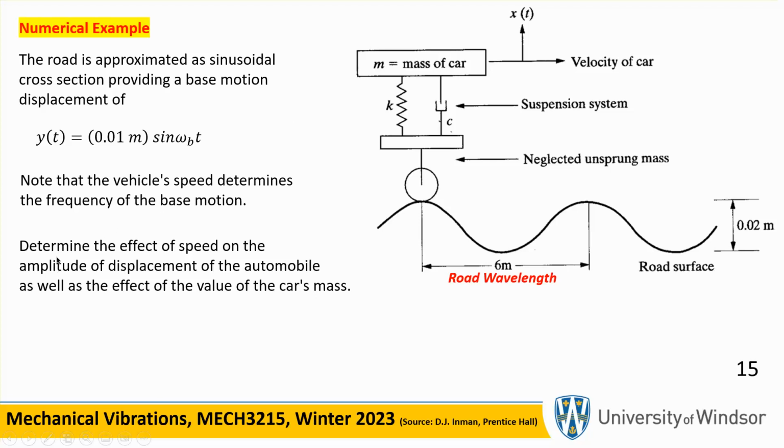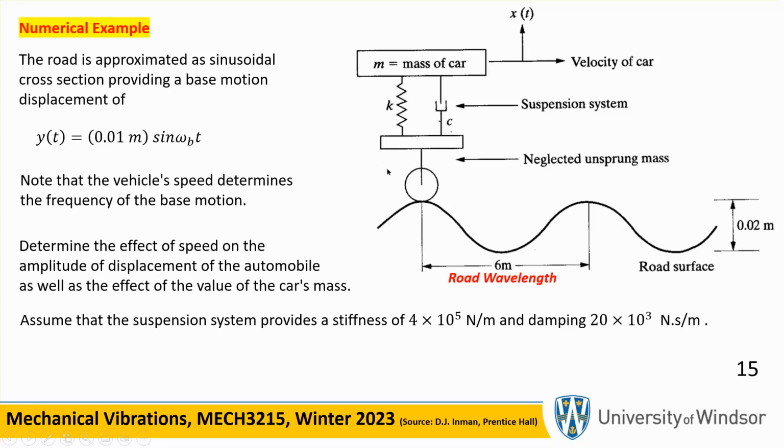So determine the effect of the speed on the amplitude of displacement, as well as the mass of the car. We want to know how the speed changes things and how the mass changes things in terms of displacement of the occupant.